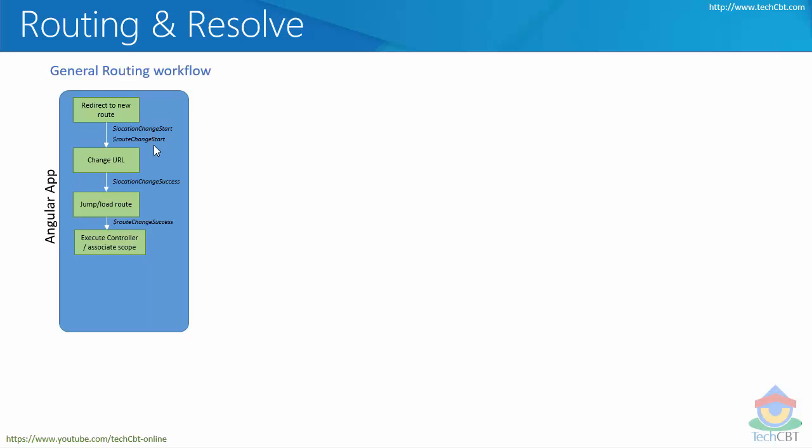So we see all of these events in the same order: first location change start, next route change start, then location change success, and then route change success. Once all of these steps have been successfully executed, it goes to the normal workflow of the Angular application, which works through the controller and the scope related information and so on.